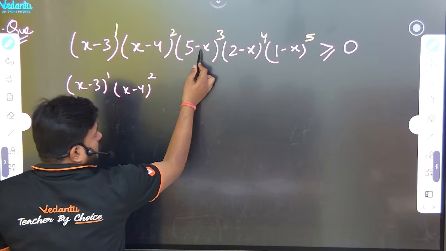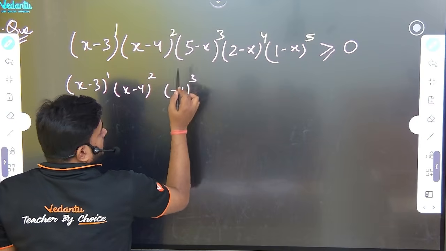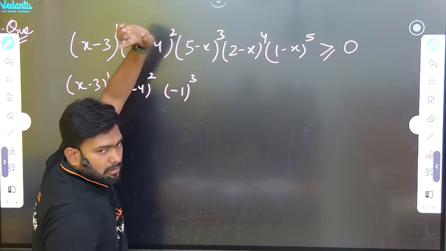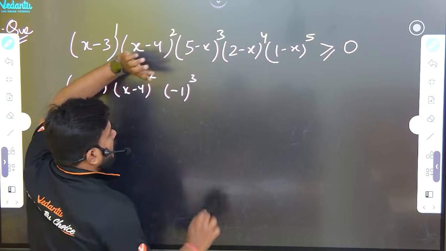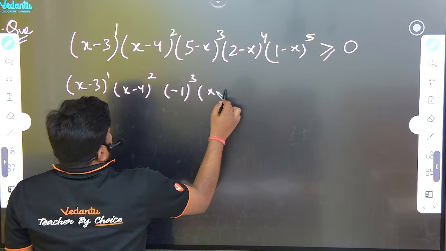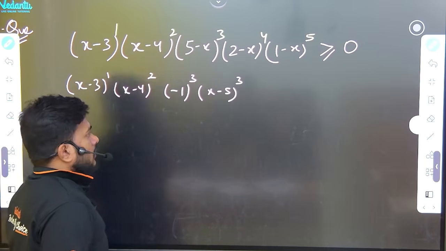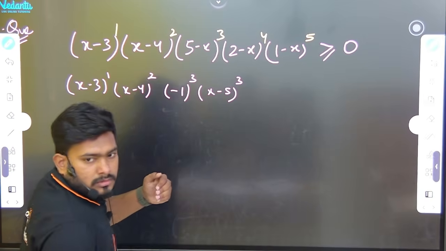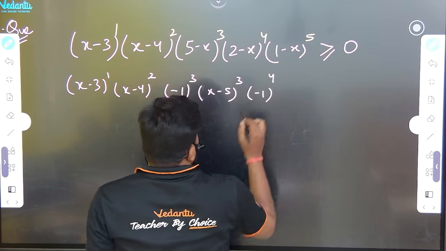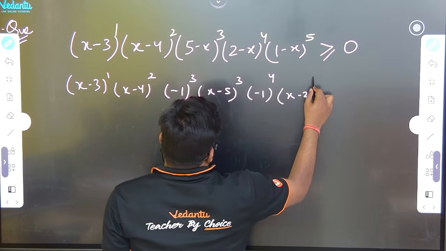Now, minus 1 common from this. So, minus 1 power 3, minus 1 will come common with the same power. So, minus 1 common. Now, this bracket is sorted. Now, this bracket will become (x minus 5) whole cube. Again, in this bracket also there is a problem. Again, minus 1 common, but minus 1 will not come alone. Minus 1 will come with the power 4. Then it will become (x minus 2) power 4.